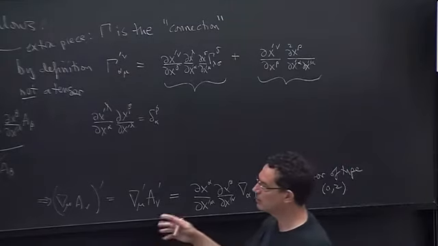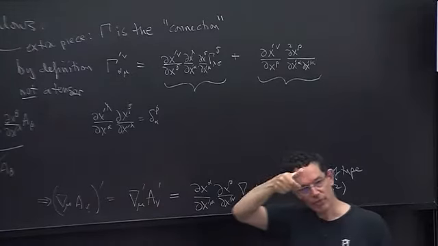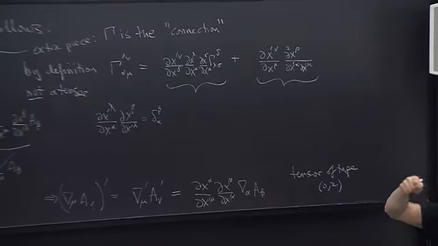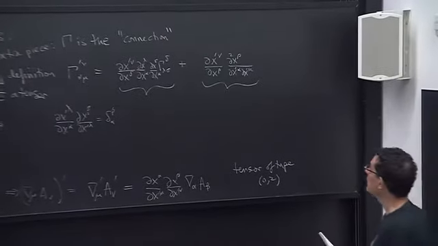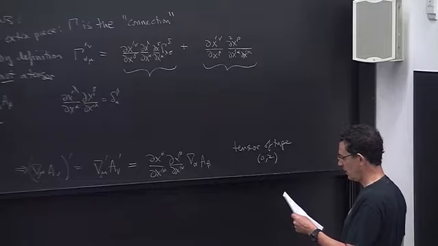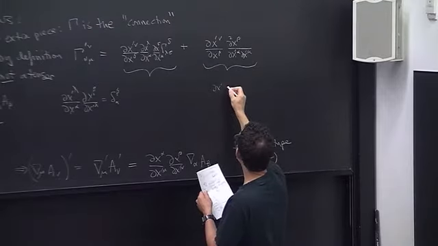When I consider a vector with an upstairs index, it goes with the inverse Jacobian matrix, right? So instead of dx prime dx, I'll have dx dx prime instead. So it's useful to try to re-express this in terms of dx prime.